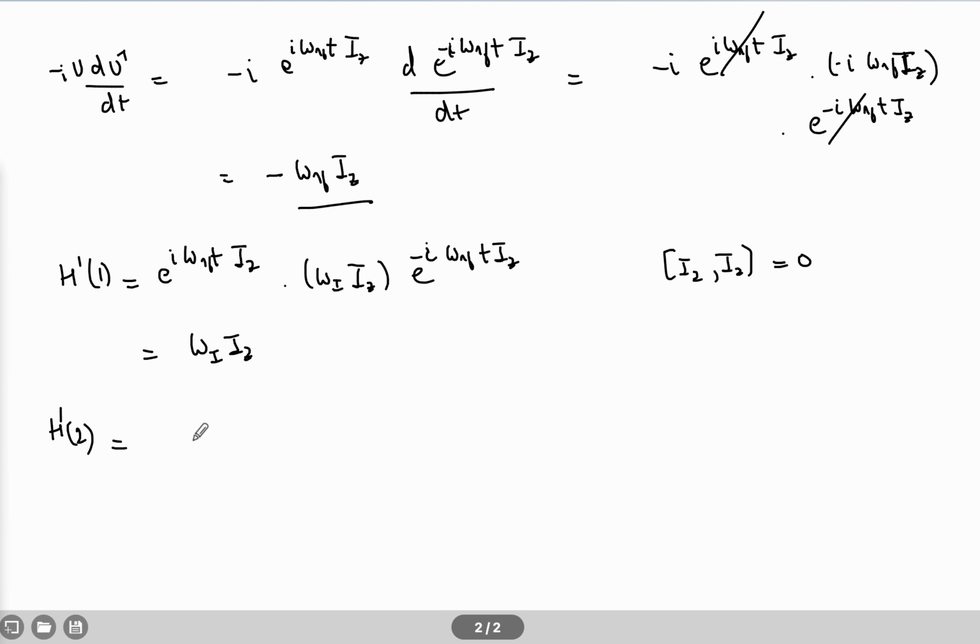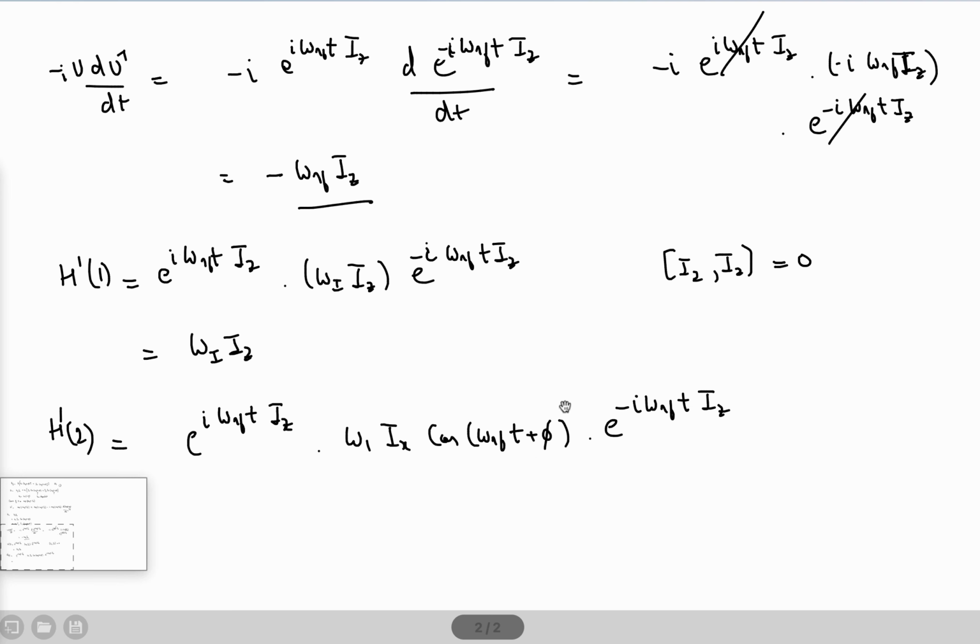So let's try e^(i omega RF t Iz) into omega 1 Ix cos(omega RF t plus phi) e^(minus i omega RF t Iz). Now if you apply the BCH formula onto this, what do I get? Let me go to the top.